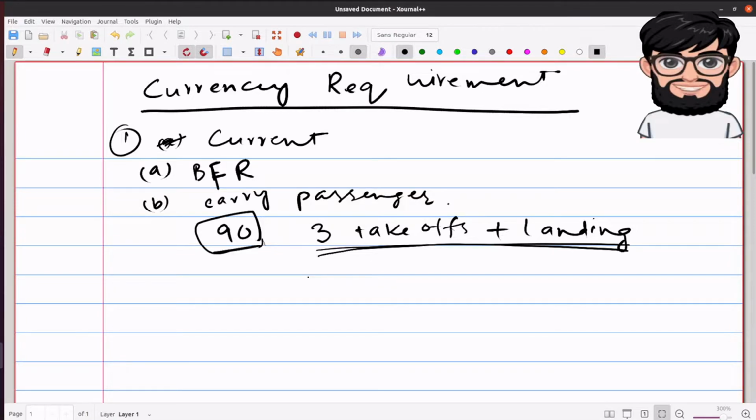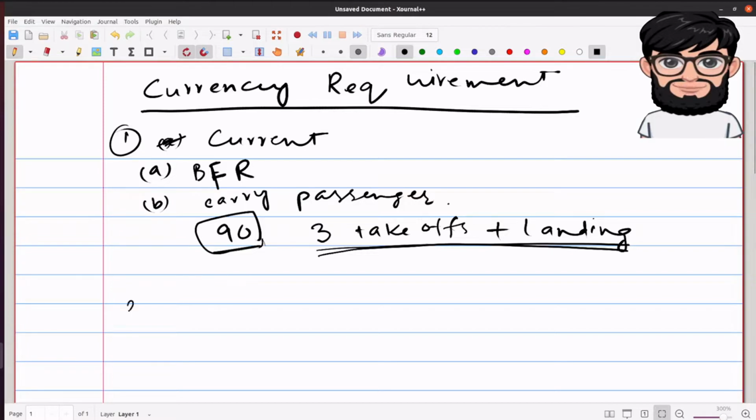So basically, if you want to do night flying, those takeoffs and landings need to be at night time. Okay, these are the main ones.